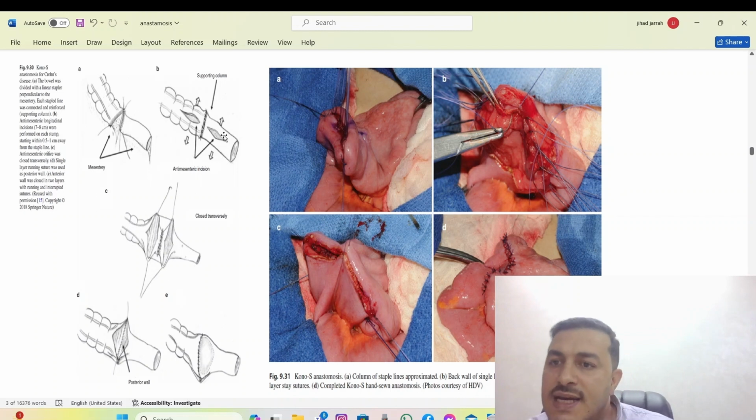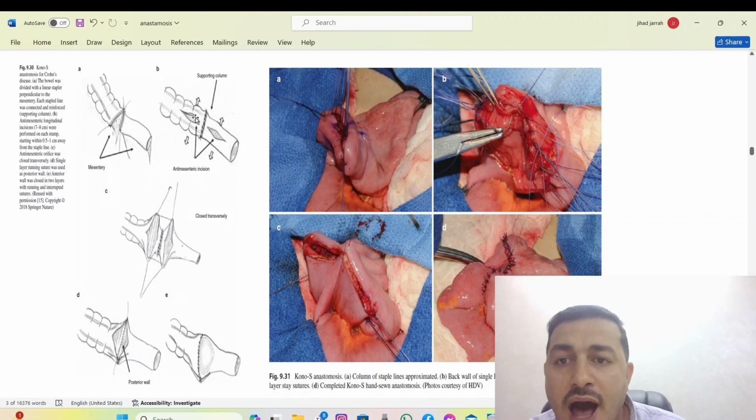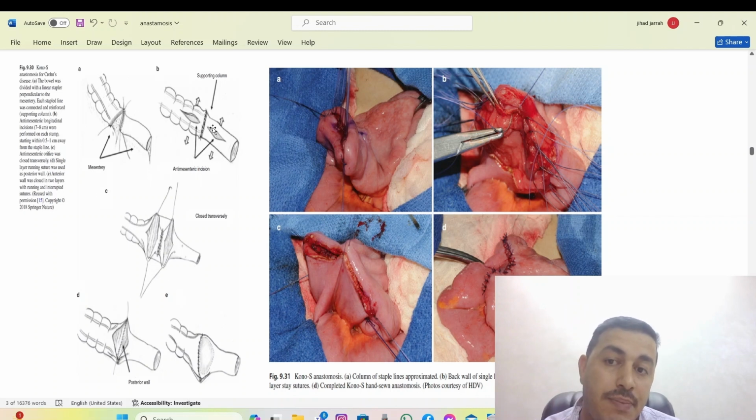The incision is 7 to 8 centimeters and about half to 1 centimeter distal from the staple line. Okay, we connect them and we make enterotomies, and then we reconstruct an end-to-end anastomosis.